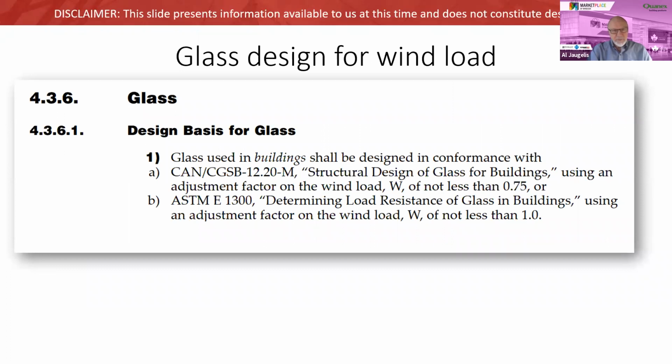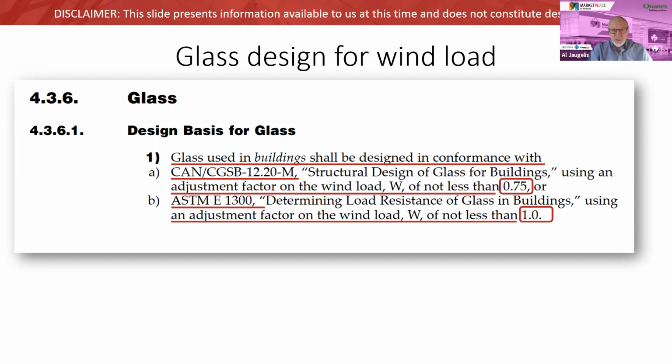So this information is presented in Article 4.3.6.1, which is titled The Design Basis for Glass. And it tells us we can design glass in conformance with the Canadian standard, CAN/CGSB 12.20, using an adjustment factor of not less than 0.75, or ASTM E1300, using an adjustment factor on the wind load of not less than 1.